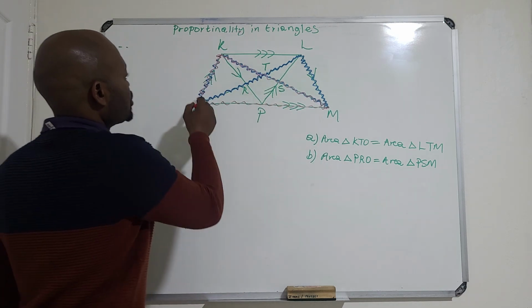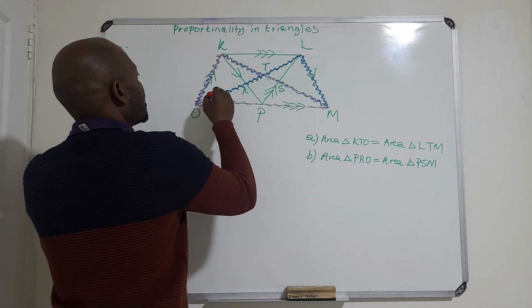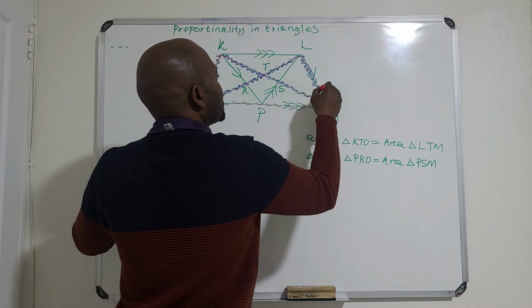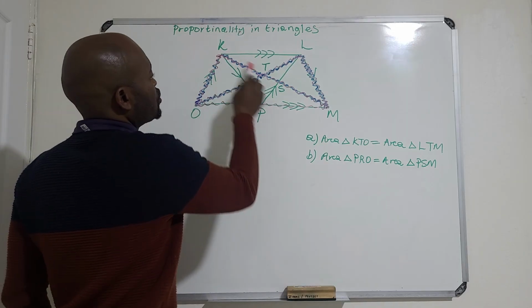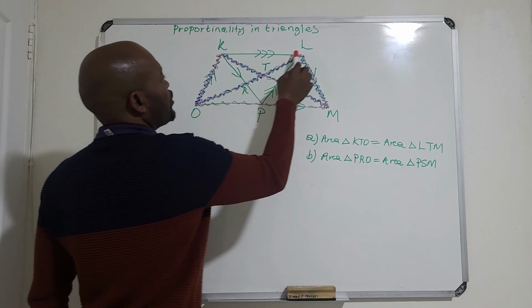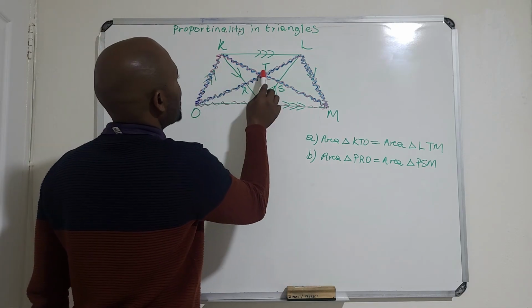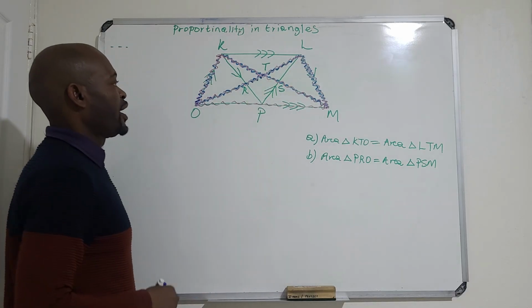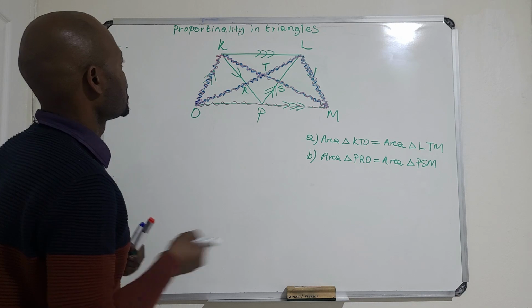We're also going to use this triangle, which I'm also highlighting in red. So we're going to use this triangle and this triangle to prove that this triangle is equal to that triangle there. Now, this is how we go about doing that.